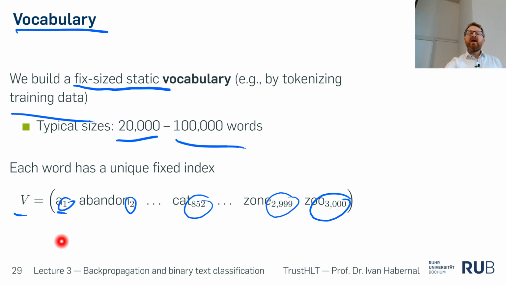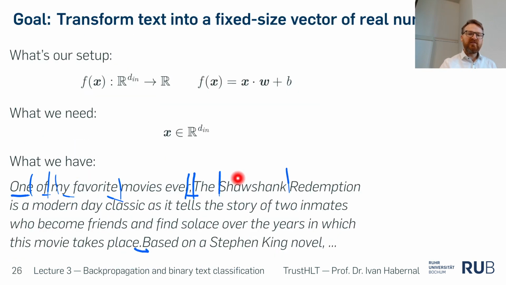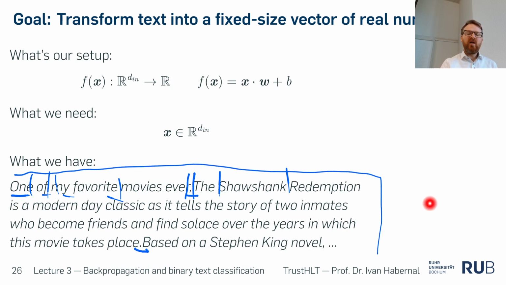So now we have a list of words mapping. We have a vocabulary which maps words to numbers. So 1, abandon is 2, cat is 852. Now we come back to this text, and we can map each word to a number.